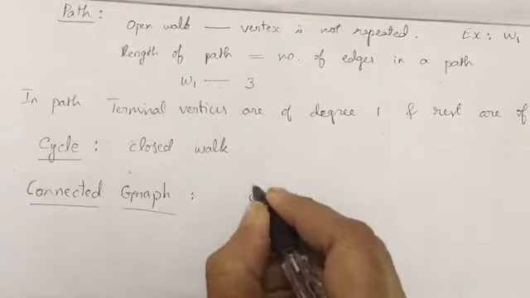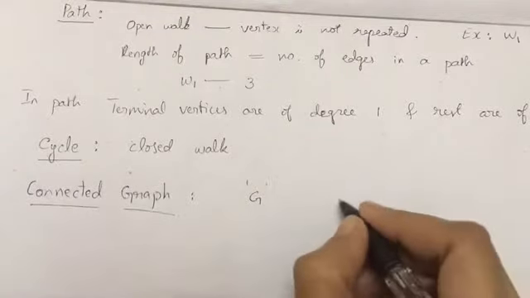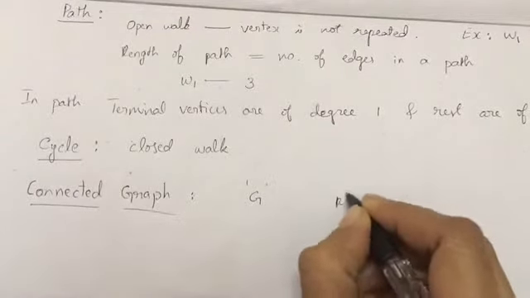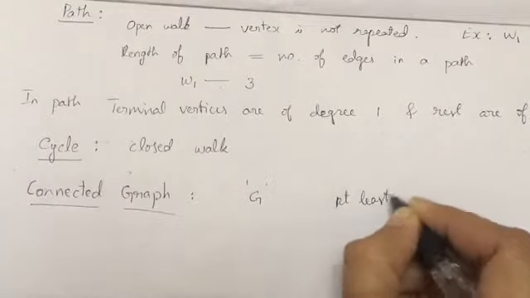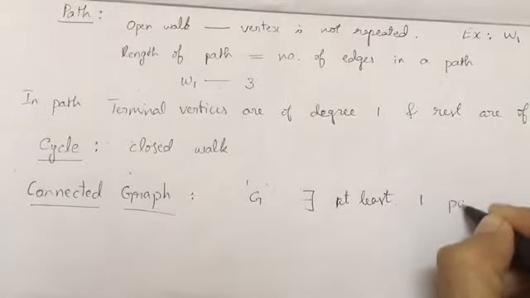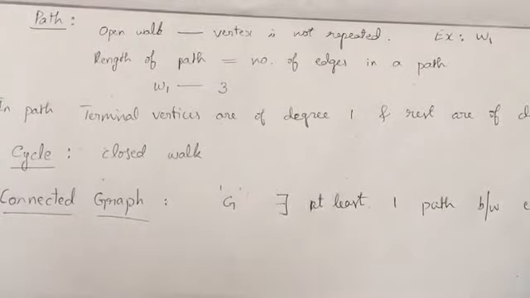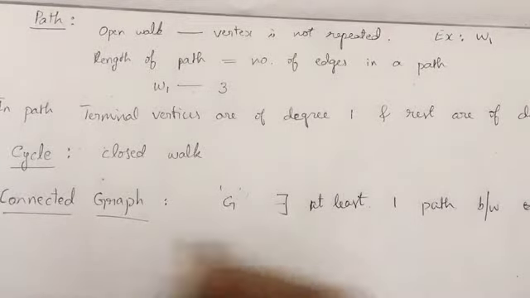Graph G is said to be connected if there exists at least one path between every pair of vertices.